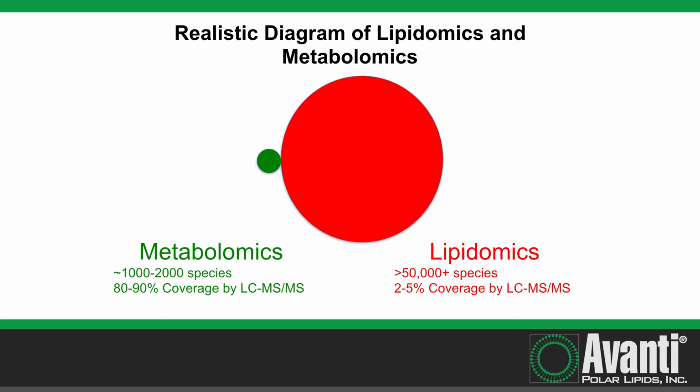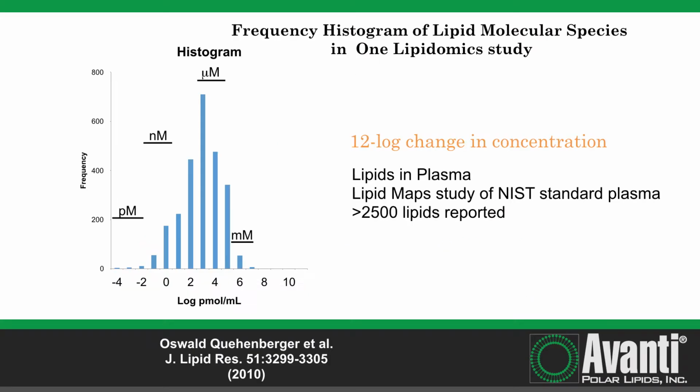Now, those individuals studying metabolomics are very good at analyzing the components within the metabolomics area, and often it may be 1,000 to 2,000 species, and they can cover 80 to 90% of these by mass spectrometry. Lipidomics, we're not so good. We only cover 2 to 5% of the species within the entire sphere of possible lipid molecules. So right away you can see there's a tremendous challenge that we have in measuring all of these molecules.